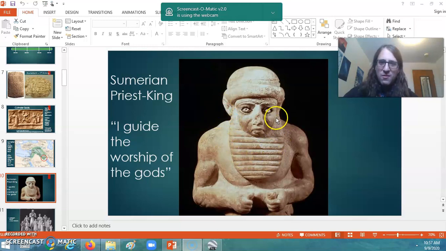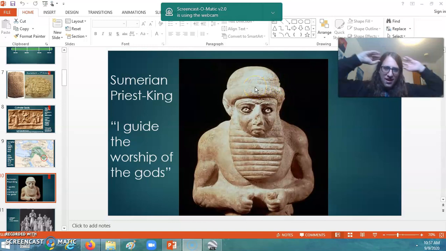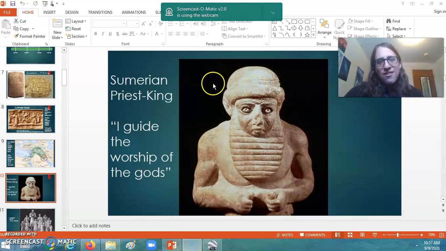It's more of a chin beard, may have been a false beard at some points, or a beard that was just sort of styled in that way, braided or something like that. And a felt cap, turned up over the head. So it almost looks like a bowler hat in this one, but a rolled up felt cap and a beard is sort of the dress code for a Sumerian priest king. And he's got eyeliner to keep out the harsh Mesopotamian sun.